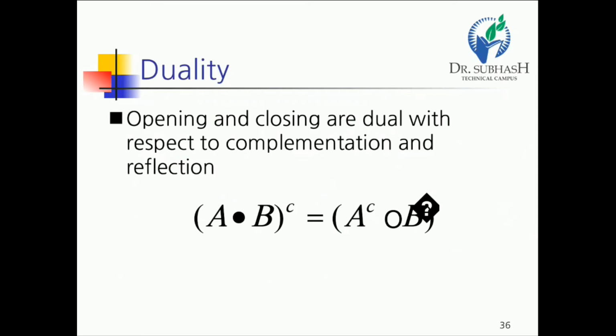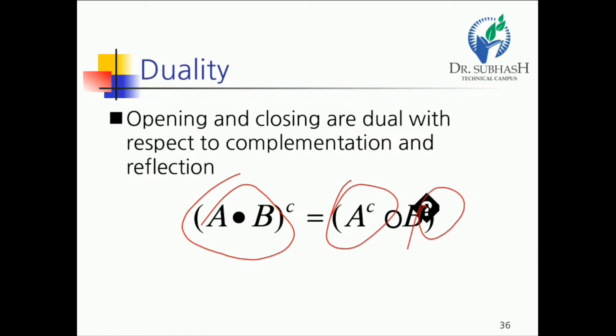So the duality is represented with the complement of A, and the reflection of B. This one is the opening and this one is the closing, equivalent conversions. So opening and closing are dual with respect to complements and reflections.